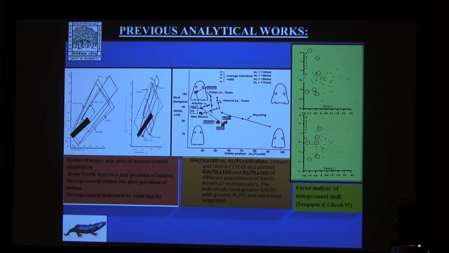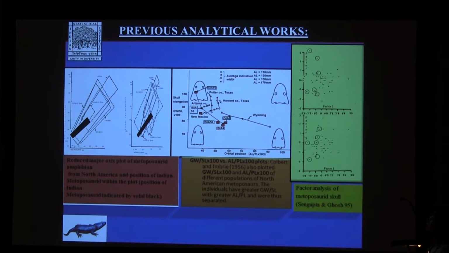Now coming to Colbert and Imbrie's second plot, which is also with the skull length and width, and with the AL and the PL, that is, antorbital to post-orbital length. These four specimens show the four extreme parameters available, and the red ones, the Indian forms, have been superimposed on the North American plots of Colbert and Imbrie.